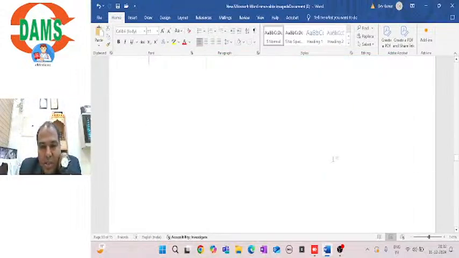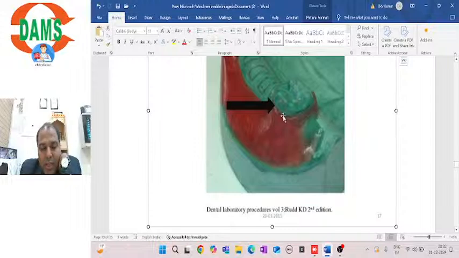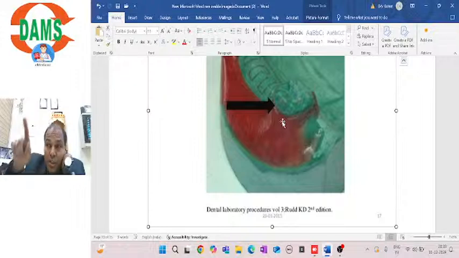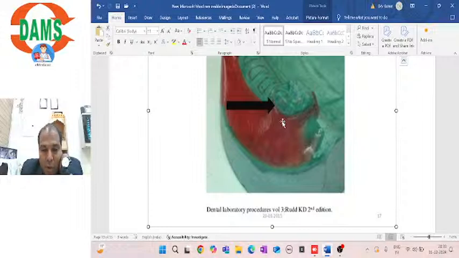Okay, now what is this, which blockout? Mind you, there are 3 types of blockout. This blockout is a ledge blockout or shaped blockout, which will determine the clasp position. Right, note it down, it will determine the clasp position. So this is a shaped or ledge blockout, or tapered blockout.